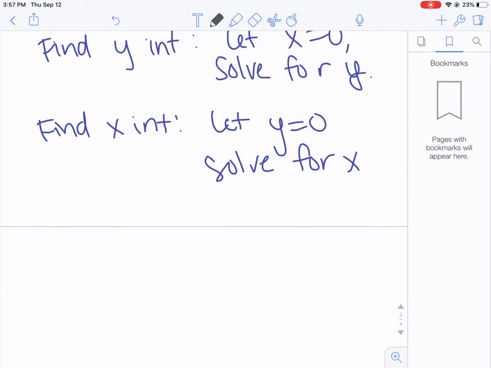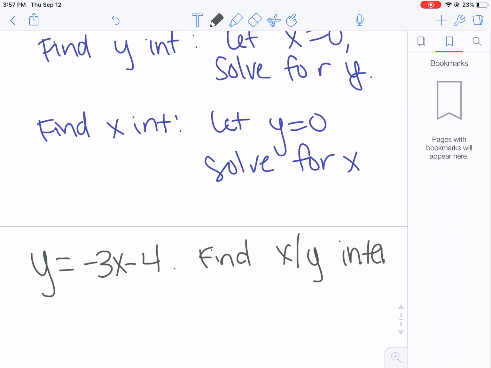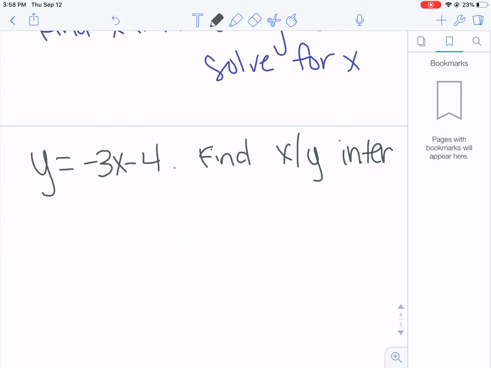So we are going to be given the equation y equals negative 3x minus 4. And we are going to find the x and the y intercepts. Okay. So if I want to find the x-intercept, I'm going to let y equal 0.